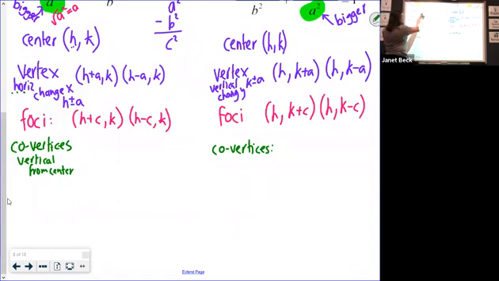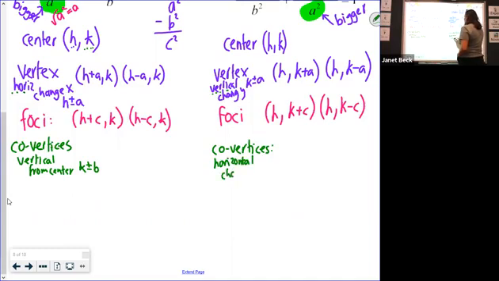So if we're going vertically, we're going to change that K. It's going to be K plus or minus B. Okay, and on this one, the actual main axis is vertical, so the minor axis will be horizontal. And if you're going in a horizontal direction, you're going to change the X coordinate.